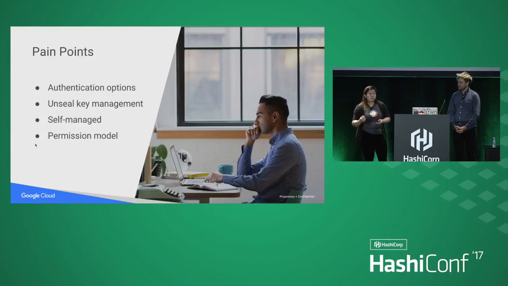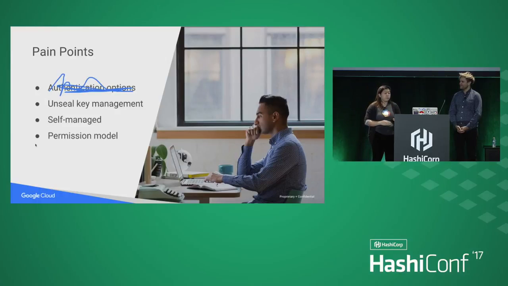There's no native way to use cloud identities to authenticate in Vault up until a couple weeks ago, which is what I've been working on. We released a new GCP auth backend with 2 brand new methods for authenticating GCP entities in Vault. I'll be talking about that more in depth later on.